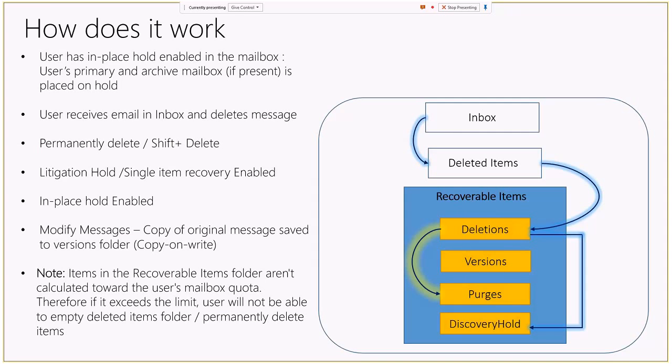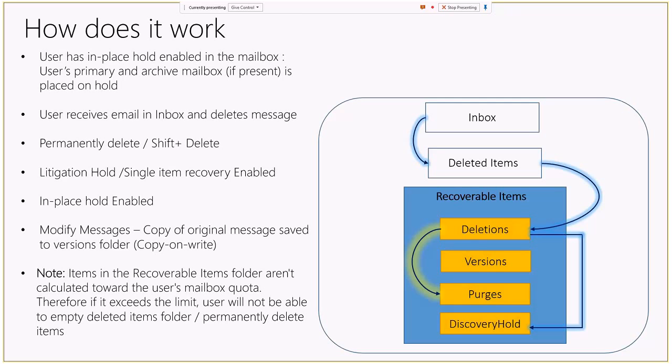One thing to note here is the recoverable items folder quota is not calculated towards the mailbox quota. Say you've got a 50 gig mailbox, it doesn't mean the recoverable items folder is part of that 50 gigs. By default, I guess in Exchange Online, the recoverable items folder has like 100 gigs of quota.